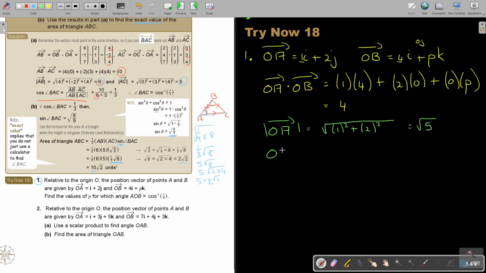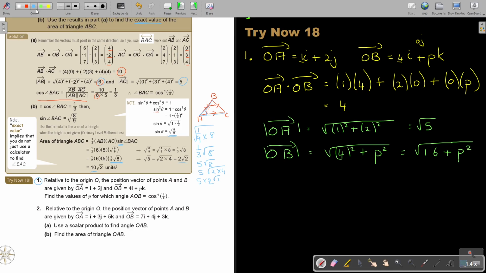And then I get the magnitude of OB, and that is going to be 4 squared plus 0 squared plus, oh no, you didn't have to write that 0 because I filled it in. Don't write it. Just remember the value in front, not the k. So that is going to be 16 plus, the pen is not nice, 16 plus p squared. Okay, now I can start.